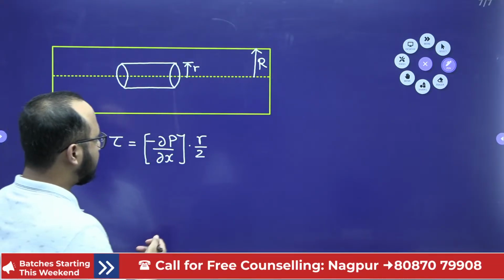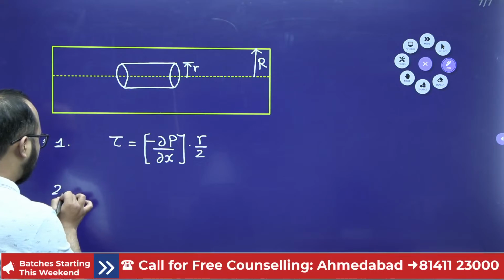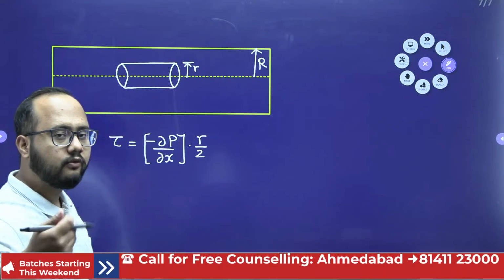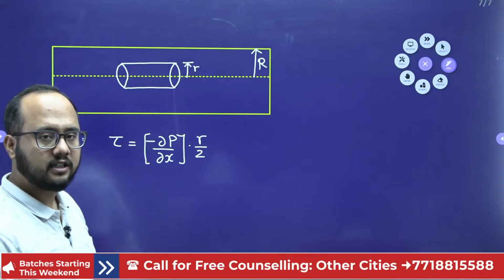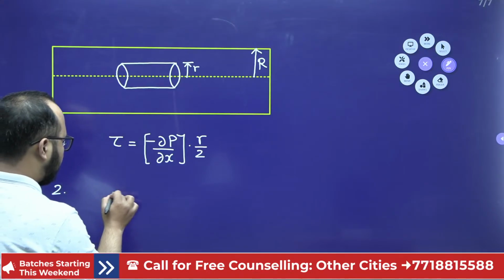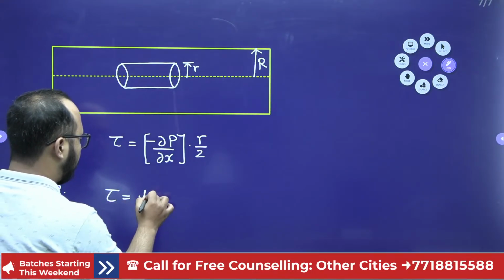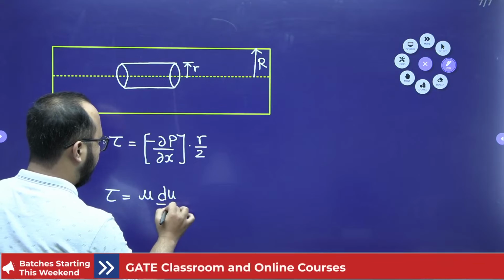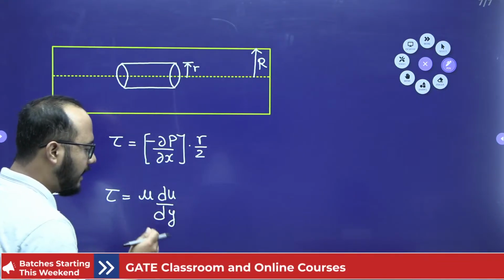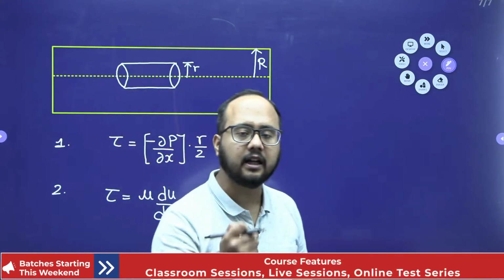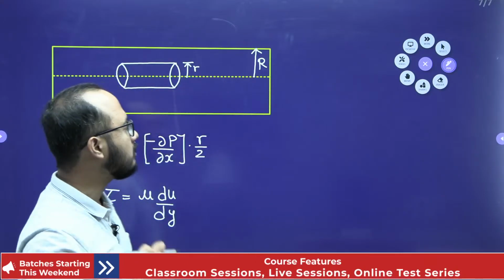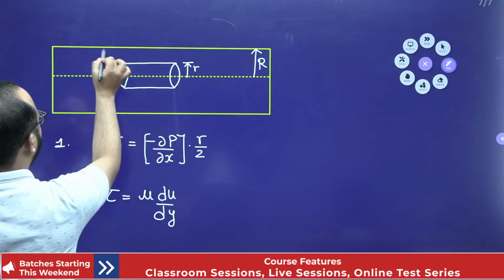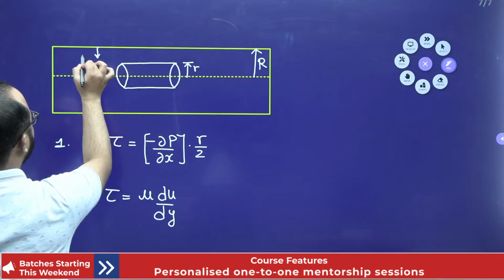Now, one more relation we have is from Newton's law of viscosity, that is tau equals mu du by dy. The distance y we take from the fixed or solid surface, so y is the distance measured from the pipe wall.